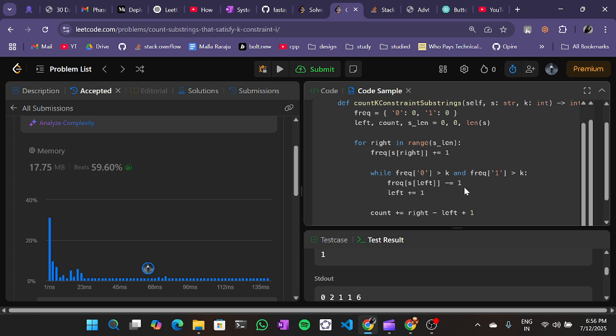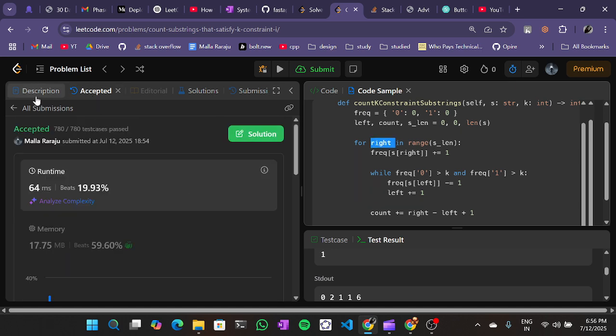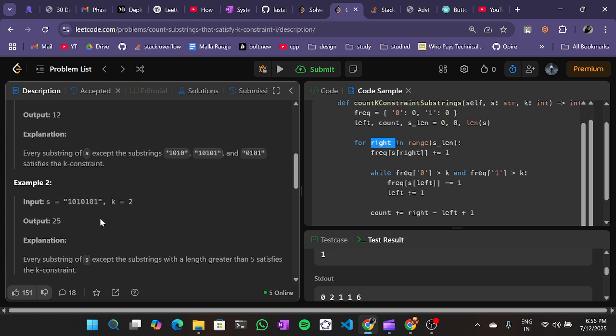Oh, what he's doing is, let's understand the diagram. For right in range of n, this is f of right plus equal to one.